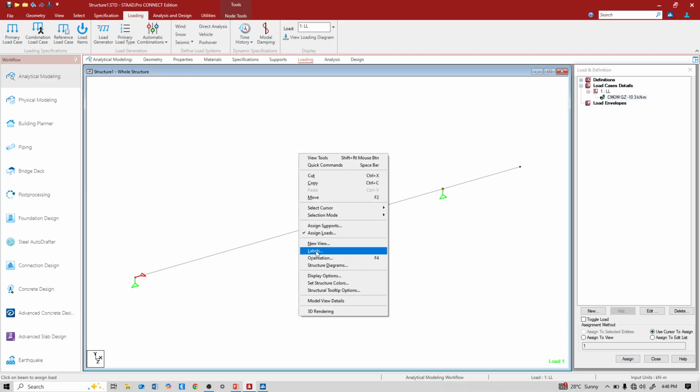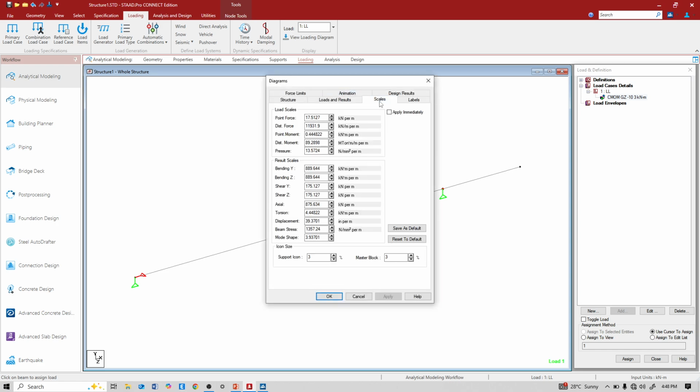Right click, labels, scales, reduce the scale. This is distributed force, but we reduce all scales.